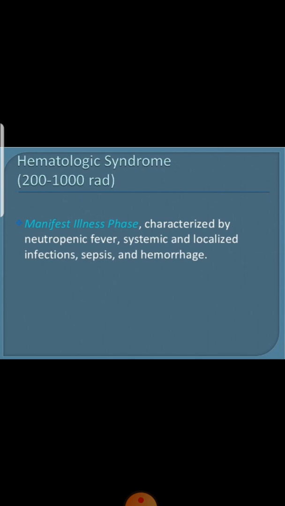Now we will talk about the manifest illness, and as I have already told you, this is basically the dose that is necessary to produce a given syndrome. In this period the patient would have vomiting, mild diarrhea, malaise, that is the feeling of not feeling well, lethargy, and fever, and each of the types of blood cells will follow cell depletion.